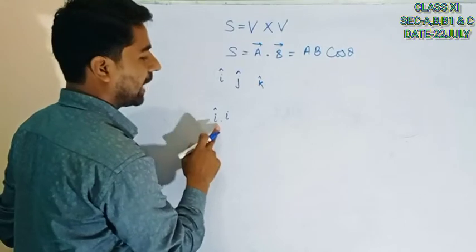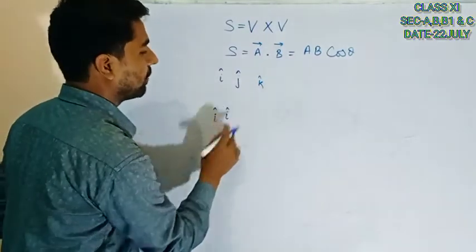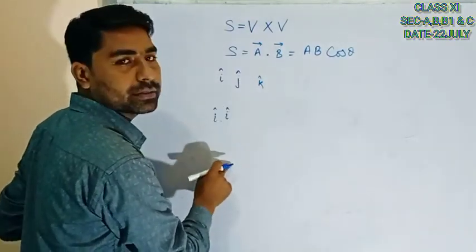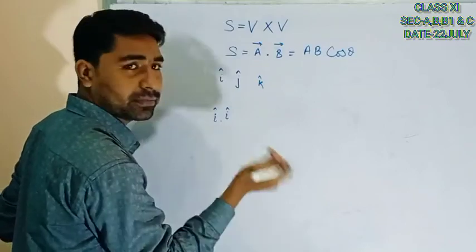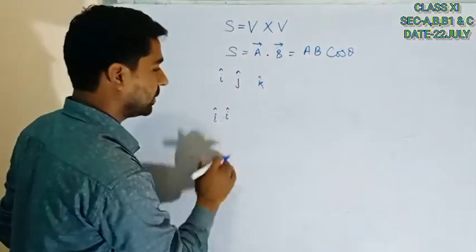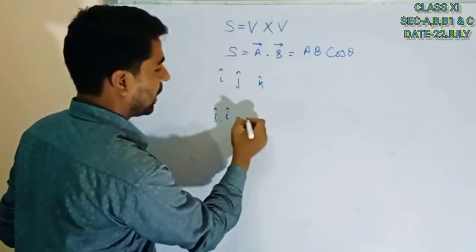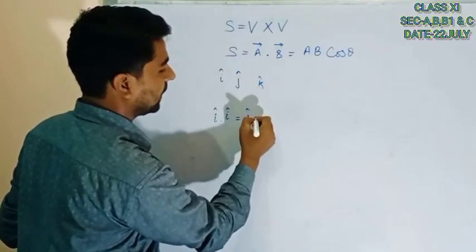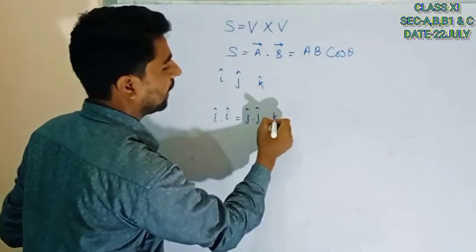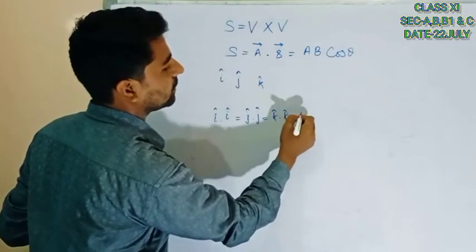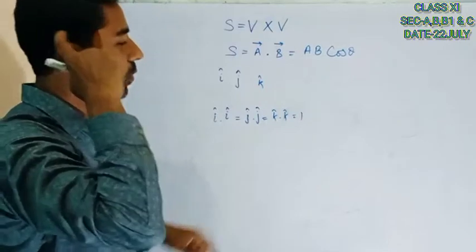Same way, i dot i gives i cos 0, because it is i itself, so the angle is 0, cos 0 is 1, and i is also 1, so i dot i, j dot j and k dot k give the value 1.